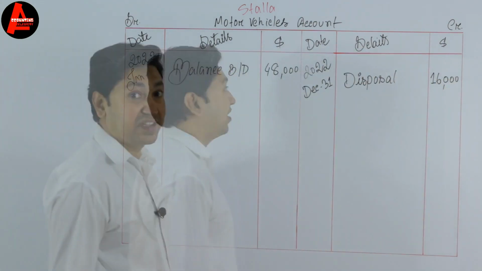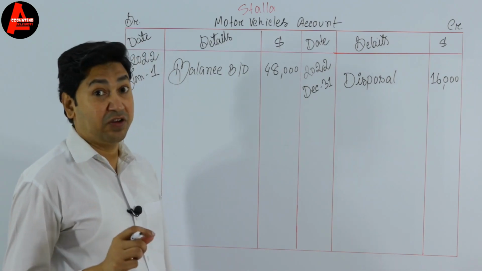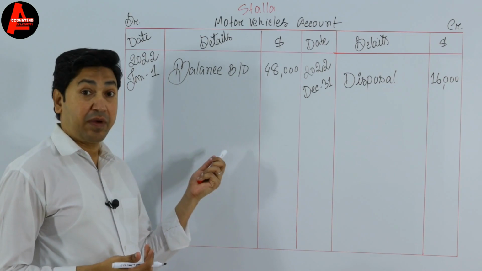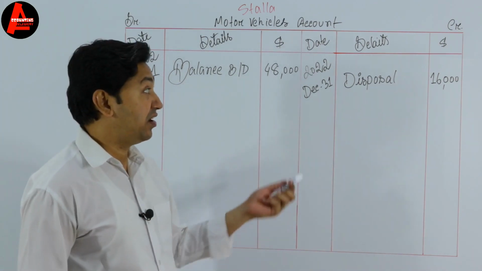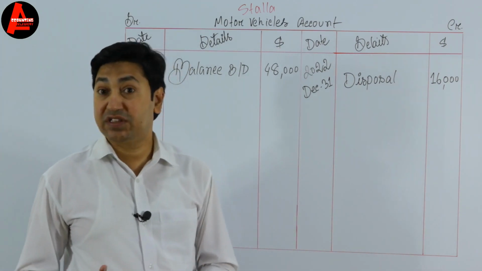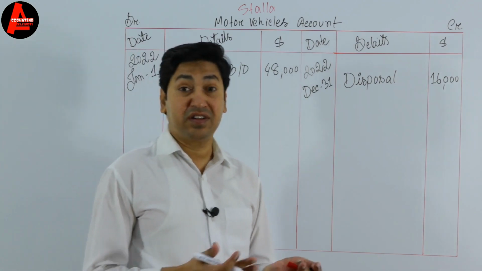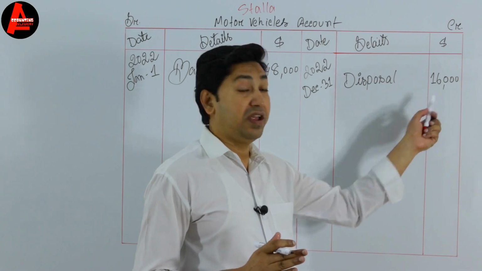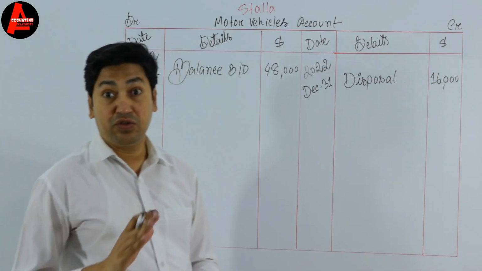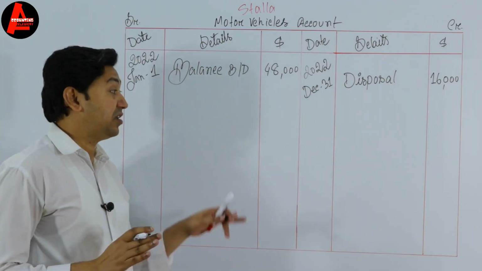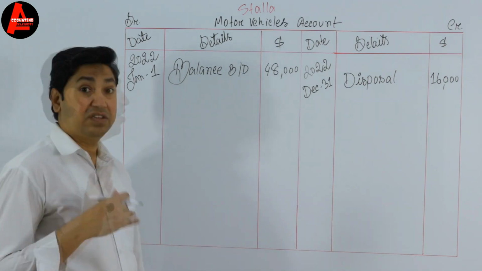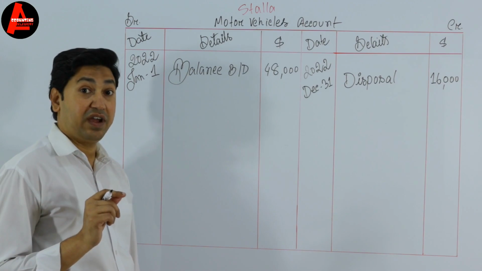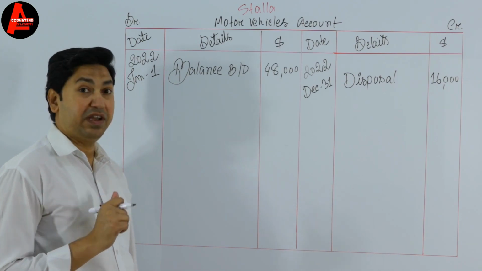So this is quite simple, but many of you don't know on which side you need to write the opening balance, where to write the disposal, and which amount, the cost price or the selling price. So remember, you need to write only the cost price, and we do not include depreciation in this account. This is quite simple, but you just need to remember which items will appear in this account.